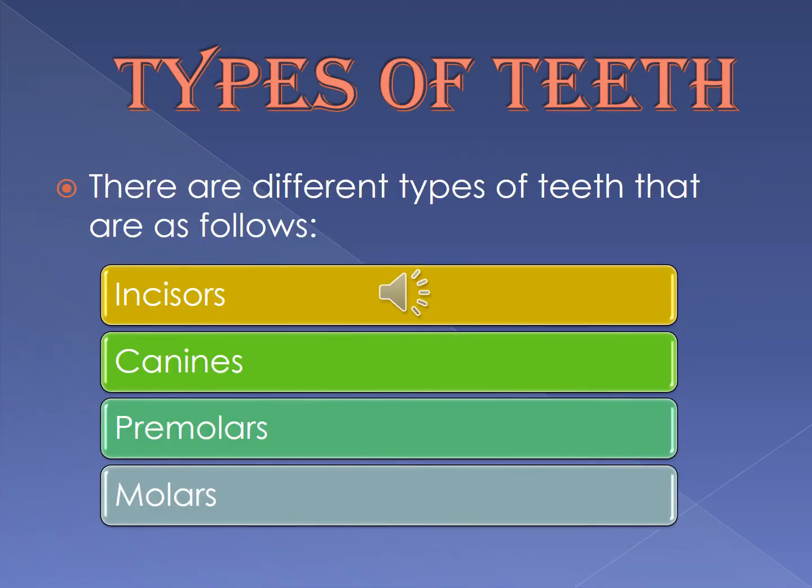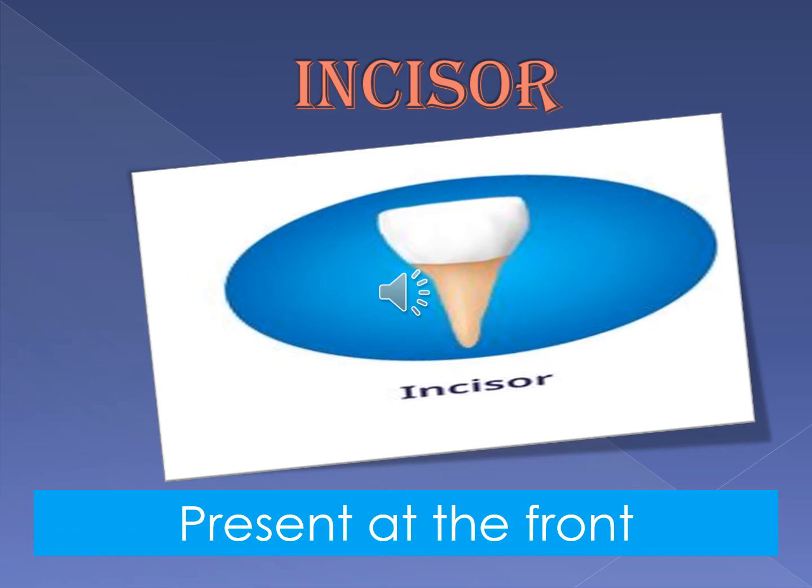A set of adult teeth has 4 different types of teeth in it. Their names are incisors, canines, premolars and molars. Incisors are present at the front. They are 8 in number, 4 at the top and 4 at the bottom.